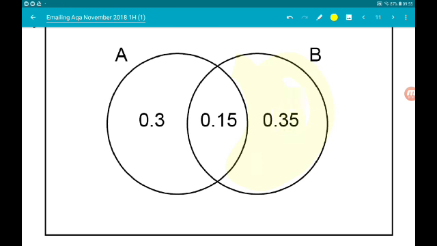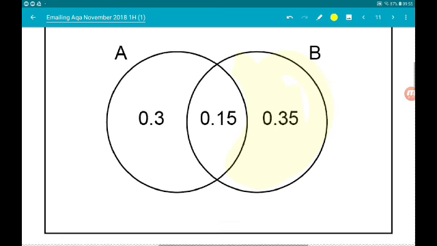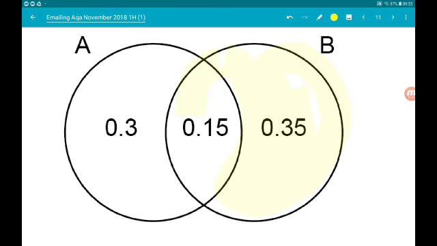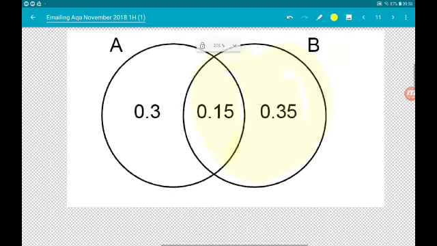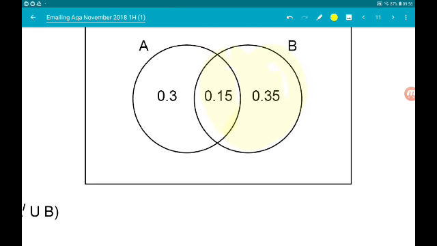Now it's not A or B, so we are allowed A if it's including B. So we are allowed this middle part. Now we're not allowed just the A part because we want not A or B. Now we're also allowed the outer rectangle. Out there is not A and not B.